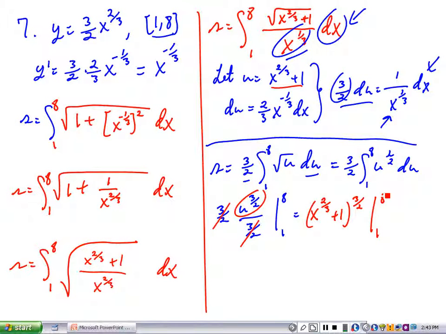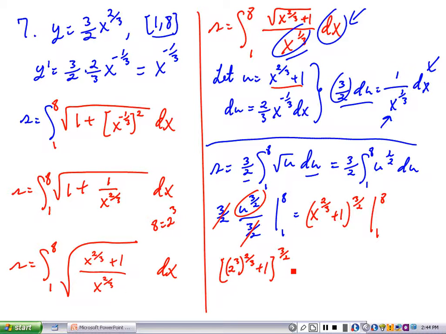Good. Now we plug in x equal to 8, and I will look at the 8 as 2 to the 3rd to help me out with the cancellation. So I have 2 to the 3rd raised to the 2/3 power plus 1. All that is raised to the 3/2 power.